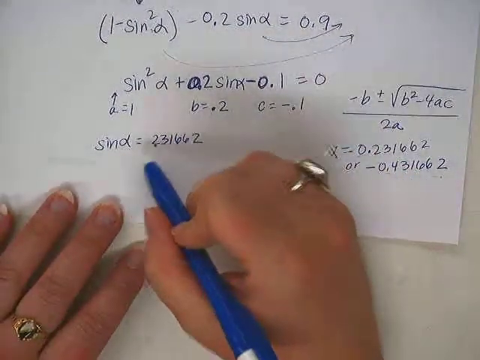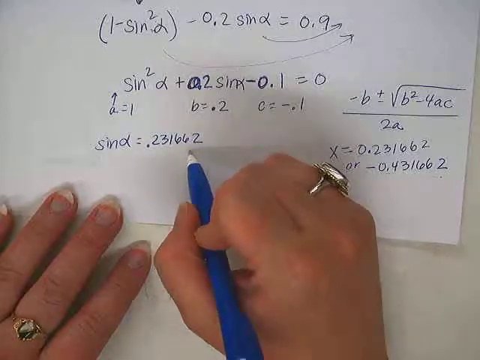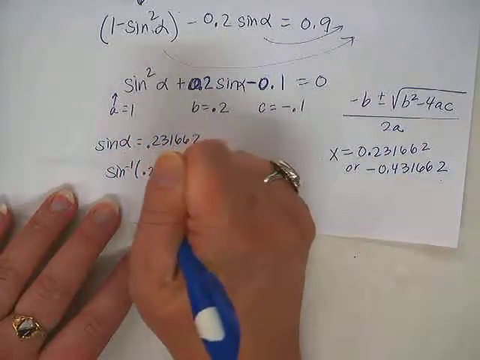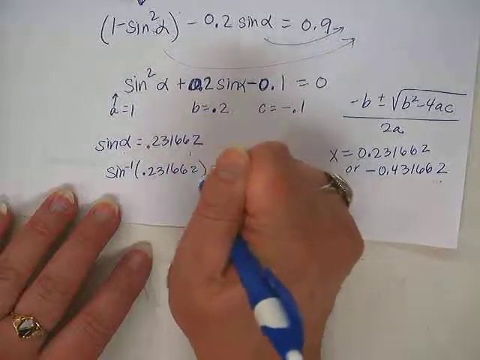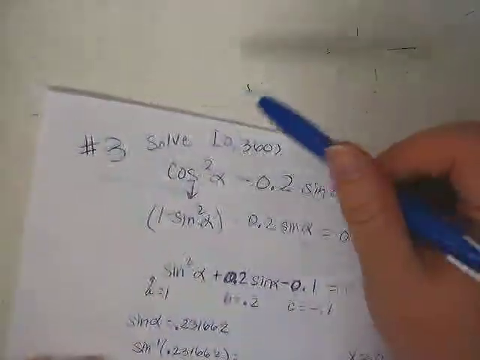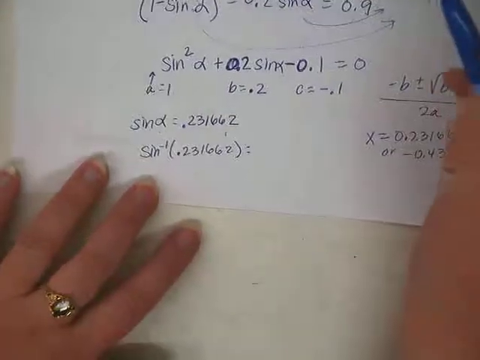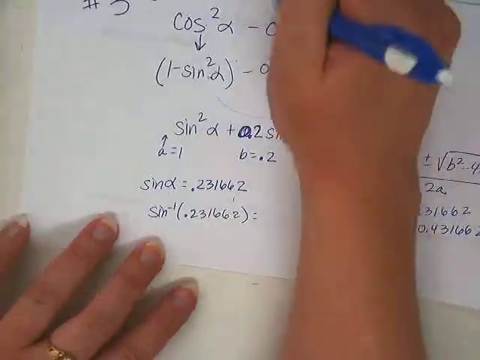So how do we use our calculator then to find the angle that alpha would be for it to be this number? What do we do? Okay, inverse sine of 0.231662.